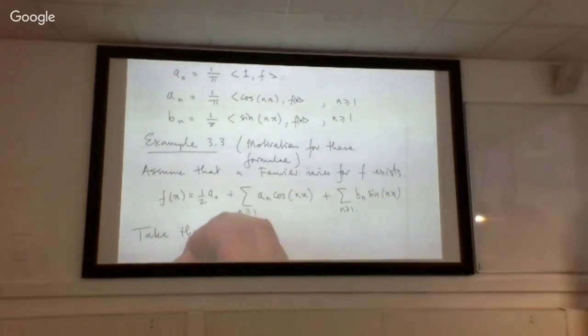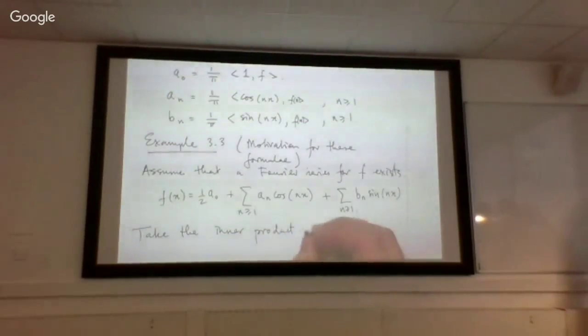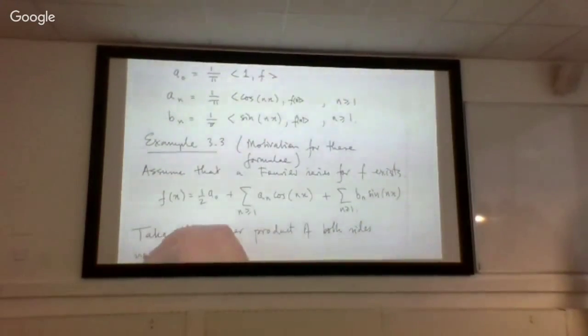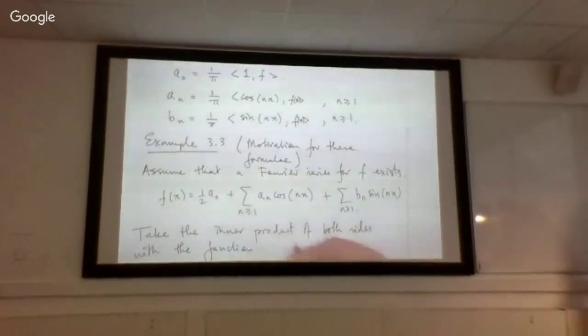What we do is we take the inner product of both sides with one of these sine functions, sine of mx.